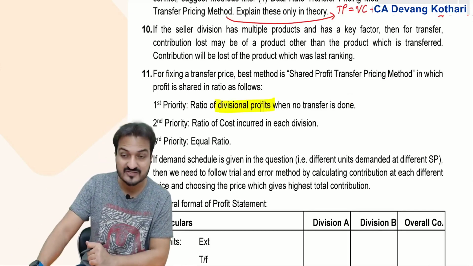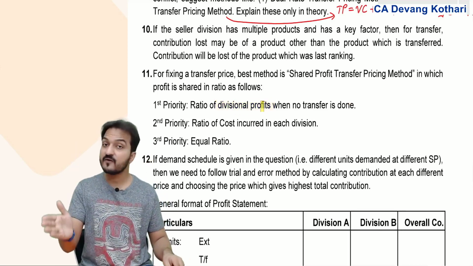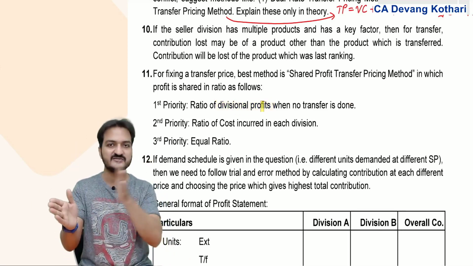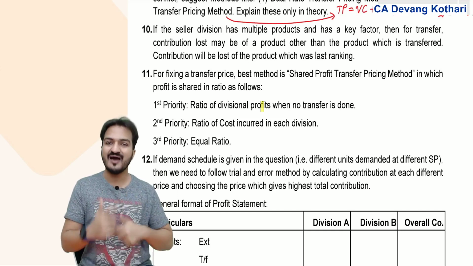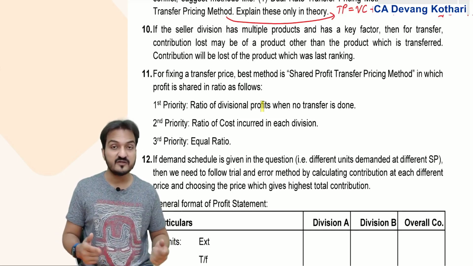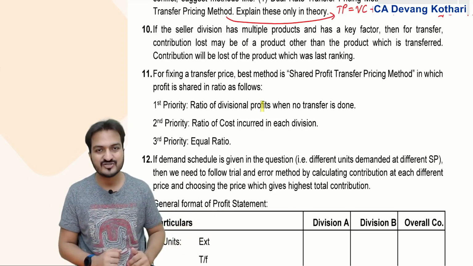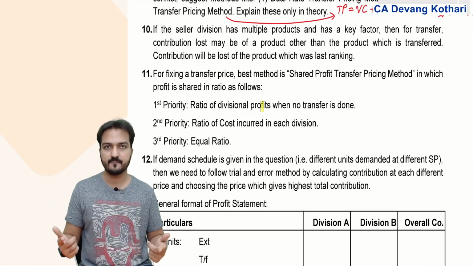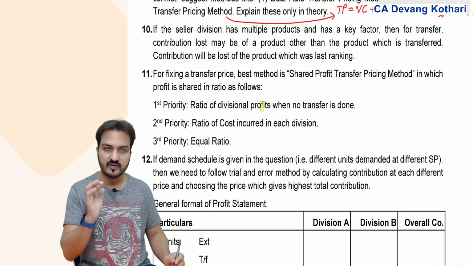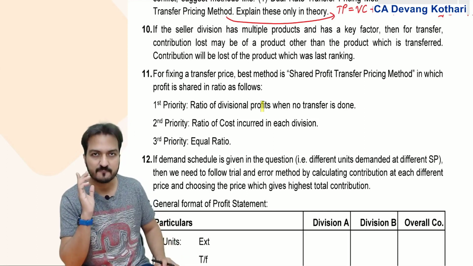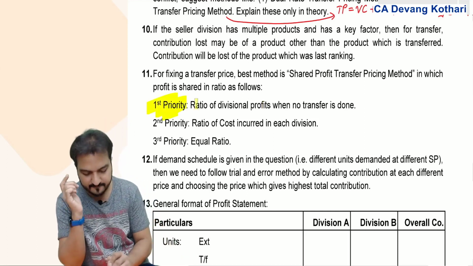I can tell the divisions that when you did not do transfer, you were earning profit of 20,000, 30,000. Now if we are doing transfer, then the maximum profit of the company is 1 lakh. Distribute this 1 lakh between the divisions in the ratio 20-30, in the ratio of the divisional profit when no transfer was done. That is the first method.